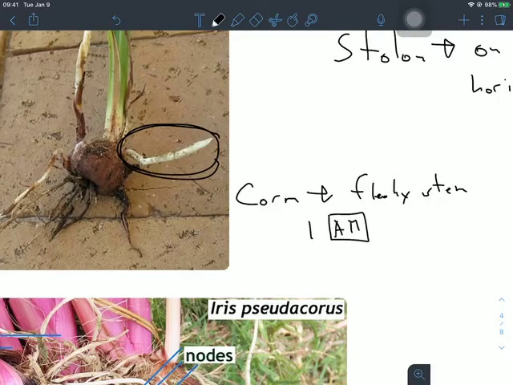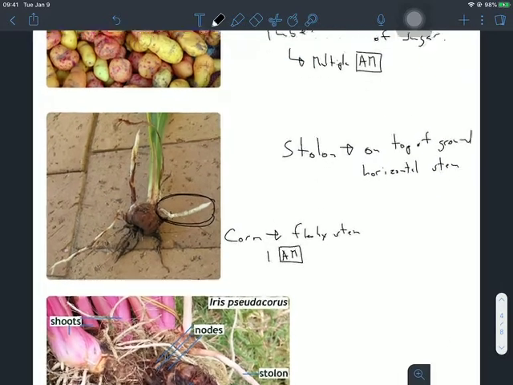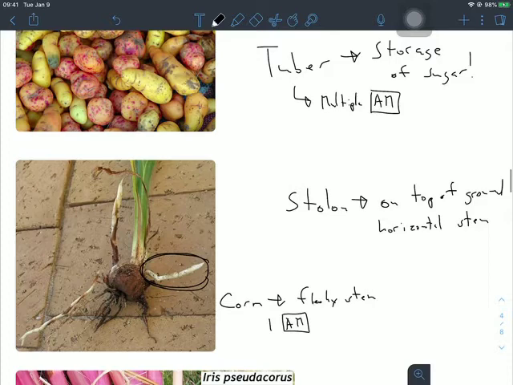So it's only got one place to grow out of. And that's the botanical difference between a tuber and a corm. Tuber, many apical meristems. Corm, singular apical meristem that it can grow from. Don't even get me started on bulbs. Yes, I understand there's a lot of technical differences botanically.